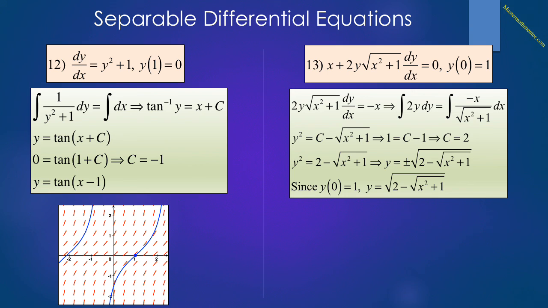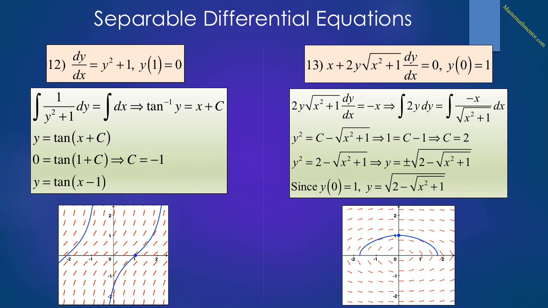Since y of 0 is equal to 1, we choose the positive value, and therefore y is equal to positive square root of 2 minus the square root of x squared plus 1. This particular function is not one that we've ever seen before. However, the slope field is a good verification along with the particular solution that our solution is correct.